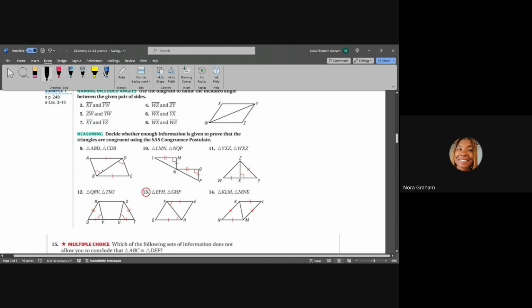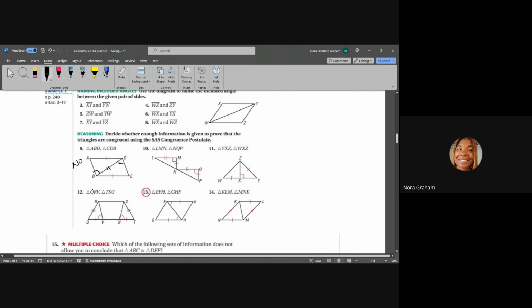That's fine. I can also say that BD and DB are congruent by the reflexive property. We went through that in my last video. But I do notice that these angles are not included angles. They're not in between my two congruent sides. So I would say no, I cannot safely say that these two triangles are congruent by SAS.